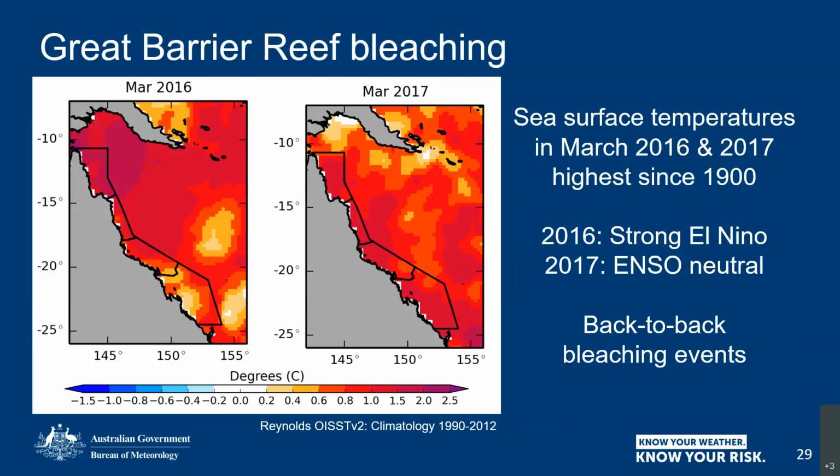And then in March 2017, there were patches of quite warm anomaly in the north as well as the central and southern regions. These were back-to-back events. So these are what we were talking about previously, where consecutive events can be quite detrimental to the reef because it hasn't had time to recover between the two events.